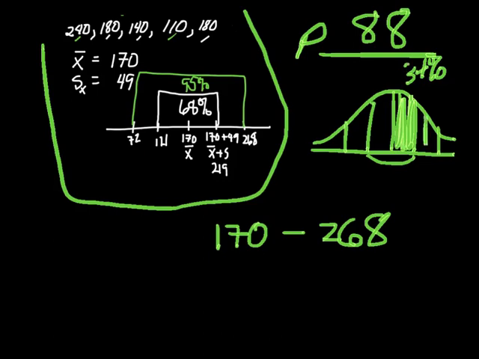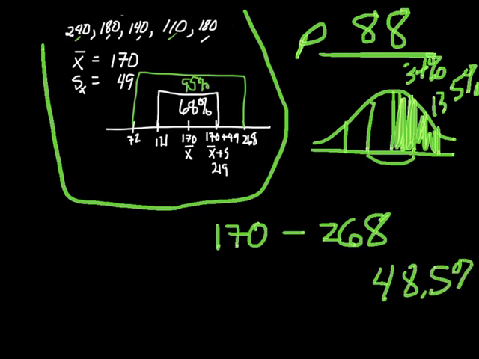So I know that this portion here, between 1 and 2 standard deviations, is 13.5%. So if we add these two percentages together, we get 47.5%.